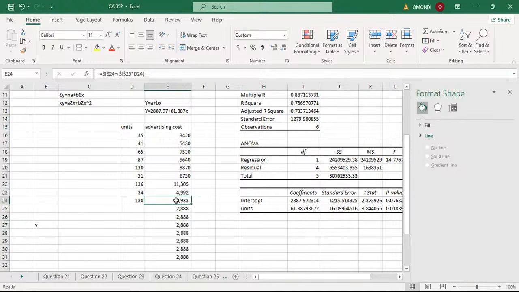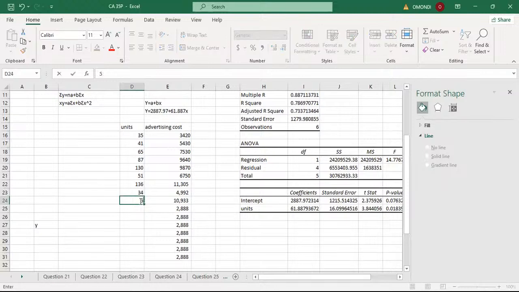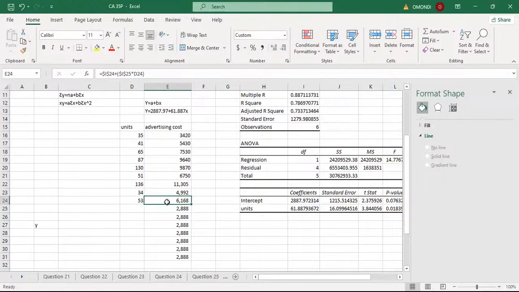I have 10,993. If I have 54 or even 53, that will be now the total advertising cost. So that is what you are expected to do, or what you are supposed to know with regards to regression analysis.